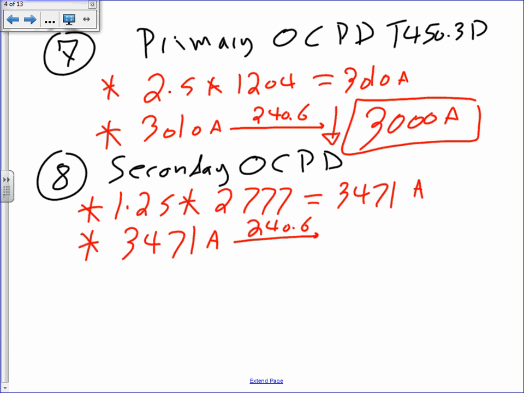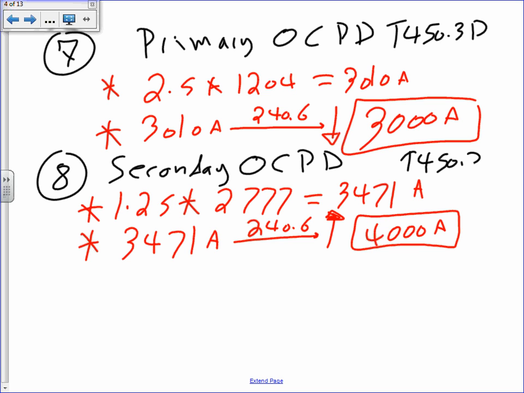And then the next step is to take the 3471 amps to 240.6, and if it's not a standard, in this case, go up. And Aaron, do you remember why we go up? Because if you go to the same table here, table 450.3(B), it will tell you go up. There's a note number 1. Do you guys remember note number 1? It says go up.